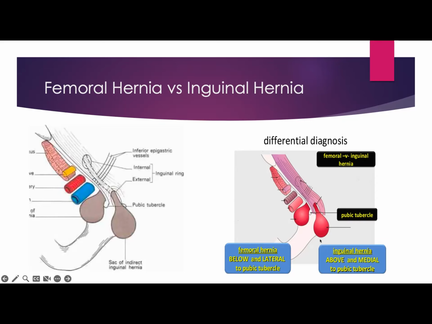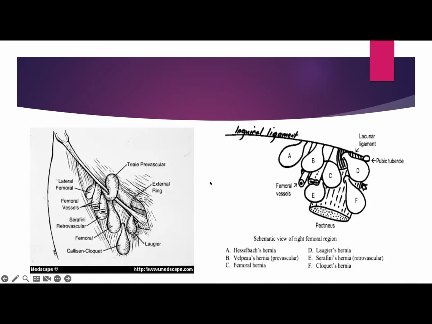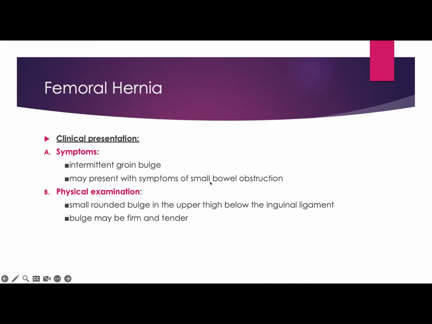So that would be an indirect inguinal hernia, and this is the femoral hernia, which is running inferior to the inguinal ligament. Okay. So all of that is just a repetition of many pictures anatomically.